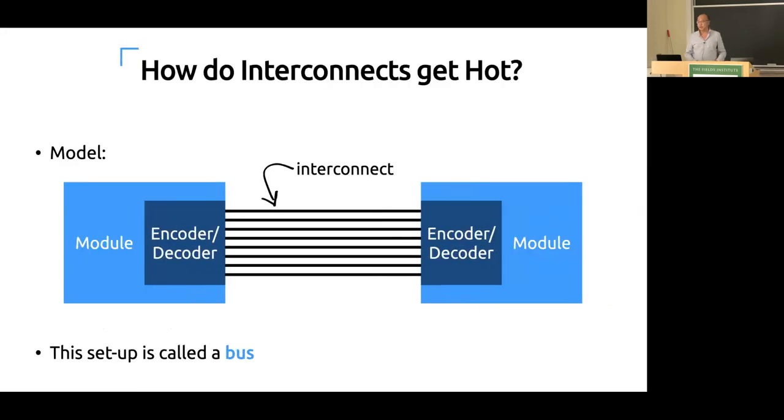So how do interconnects get hot? I've mentioned why they get hot, but how do they get hot? Well, this is a model that we'll use. On a chip, there are modules and they connect through a set of interconnects. And this setup is called a bus.